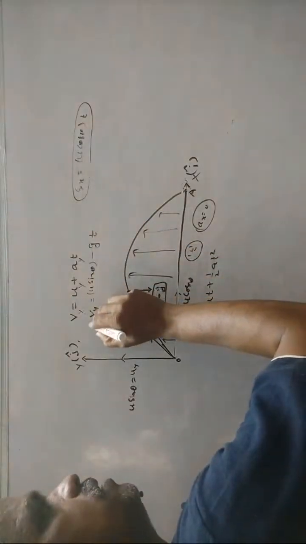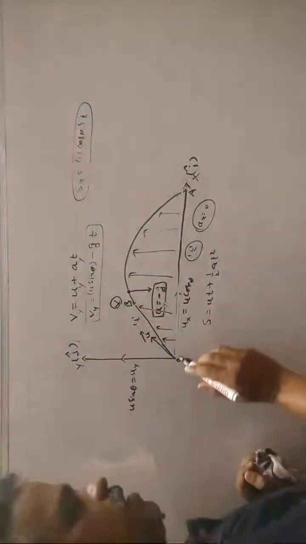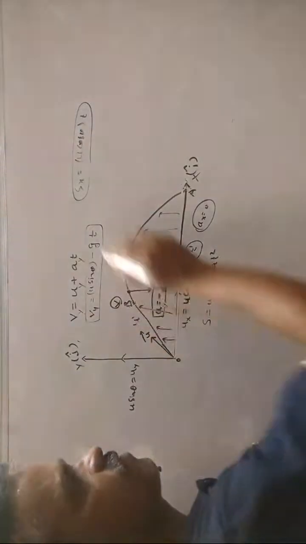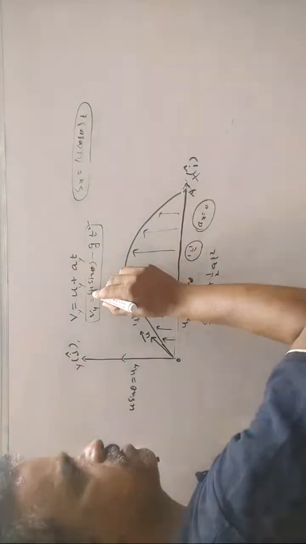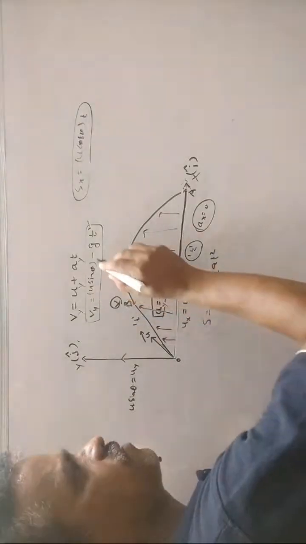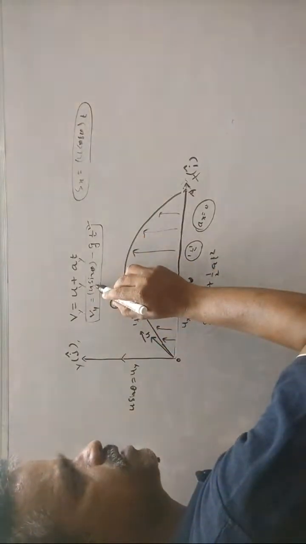What is the velocity of the projected body after time t at point B? Initially it has u sin theta in the vertical direction. After time t, it is u sin theta minus gt.